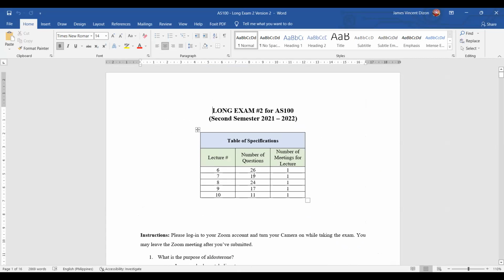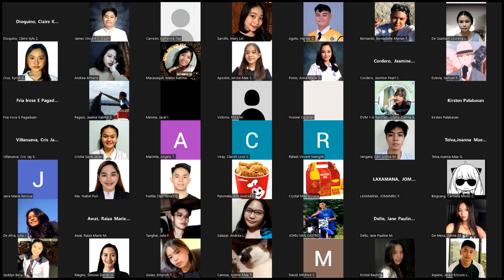So, can you see my screen na? So, I'm requesting wag ninyo muna pag-usapan sa GC ang exam na to since hindi pa pala nag-exam si Mr. Gutierrez. Hindi siya makakonek simula nung exam ninyo. Nag-brown out bigla daw sa kanila.